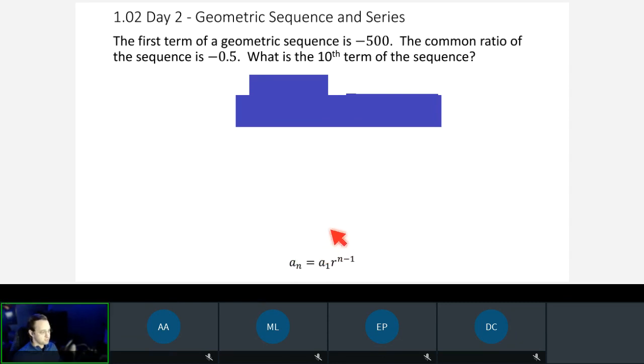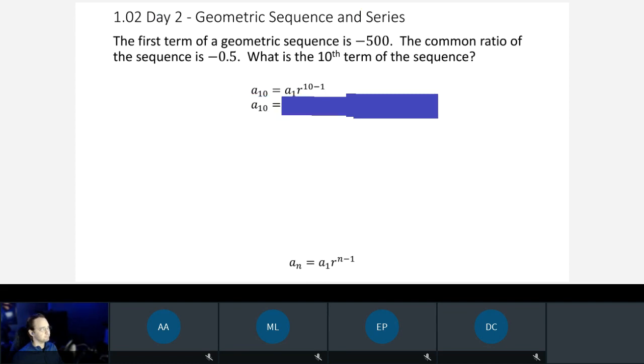I give you the first term, I give you the common ratio, and I give you the n, which is going to be 10. So you plug all that stuff in. And there's the answer.